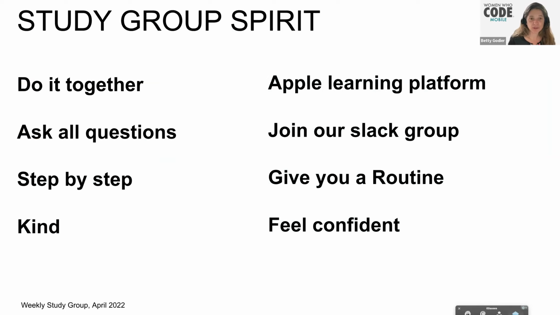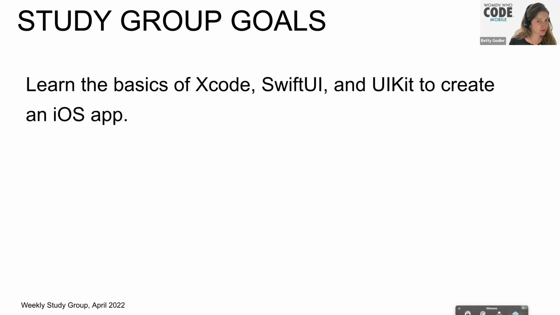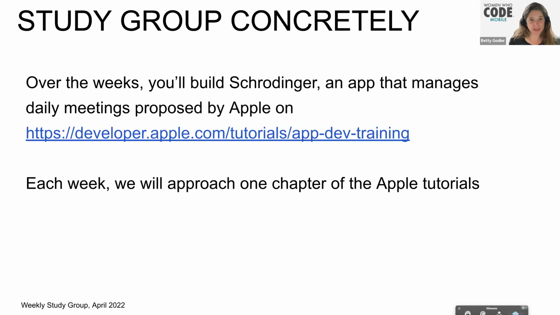The goal is to have a cool moment, with kindness, and to give you a routine each week, and to learn SwiftUI, the basics of Xcode, and to create an iOS app from scratch.